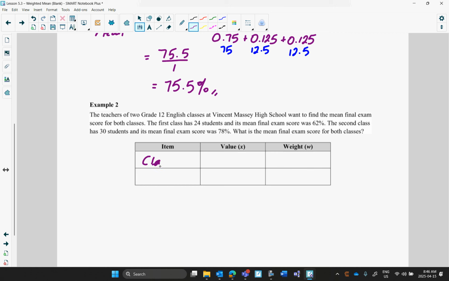So we've got 2 categories here, class 1 and class 2. What's the data value for each? It's the average for each class. So the first class had an average of 62. The second class had an average of 78.